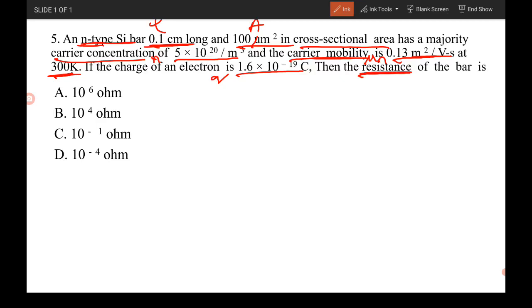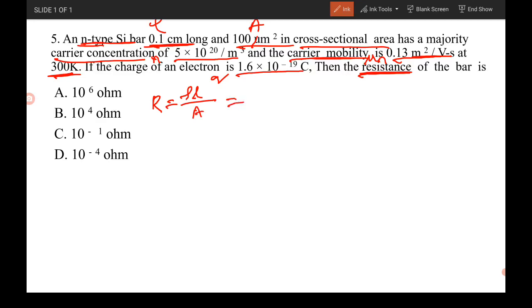So resistance in terms of resistivity can be written as R is equal to rho L divided by A. What is rho here? Rho is the resistivity. So in terms of conductivity, it is the inverse of conductivity.